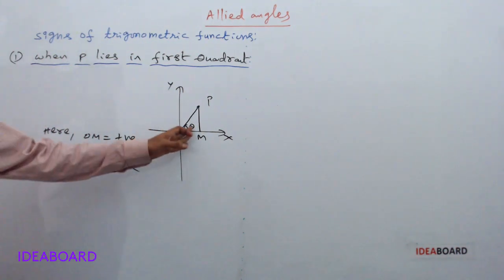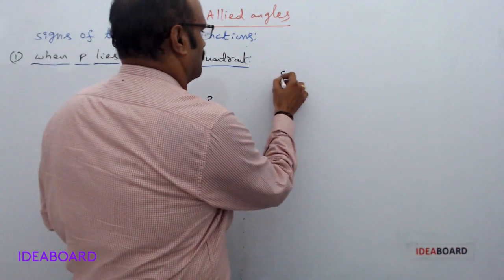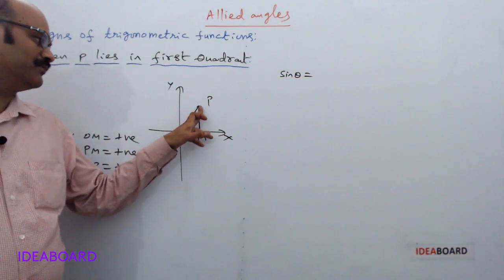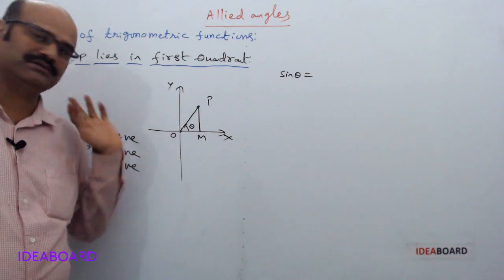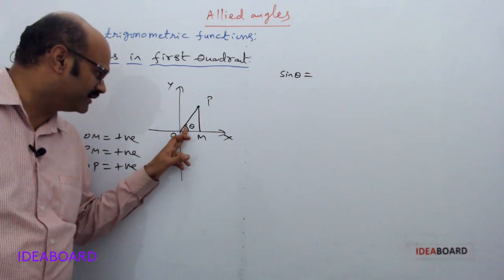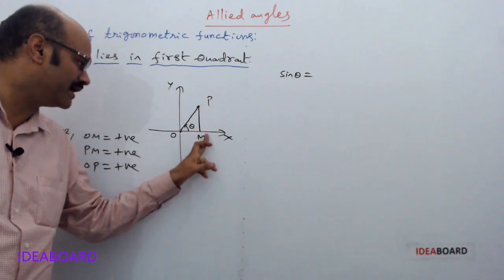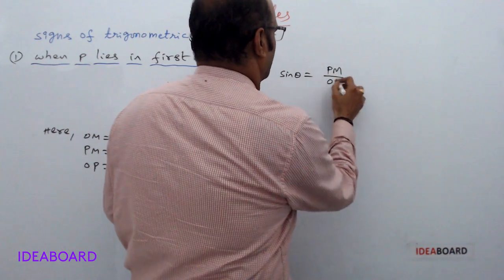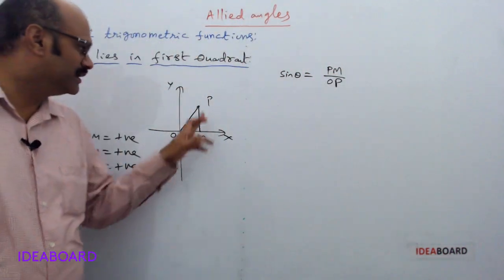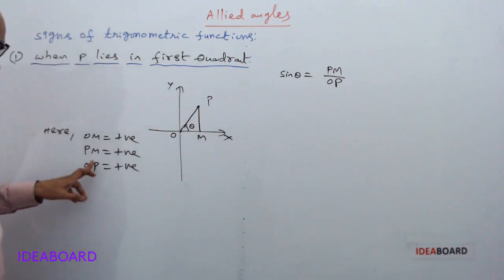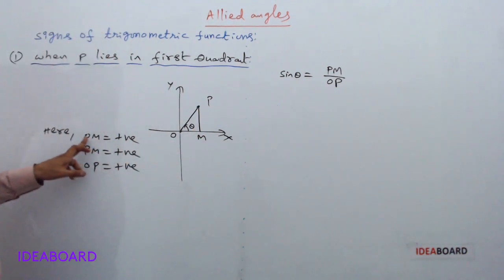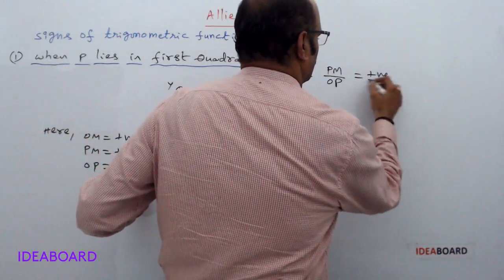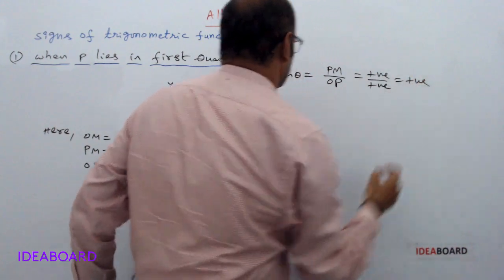We have the formula sin theta equals opposite side by hypotenuse. Here, what is the opposite side to the angle theta? PM. So PM by OP. PM is positive and OP is positive, so positive by positive equals positive.